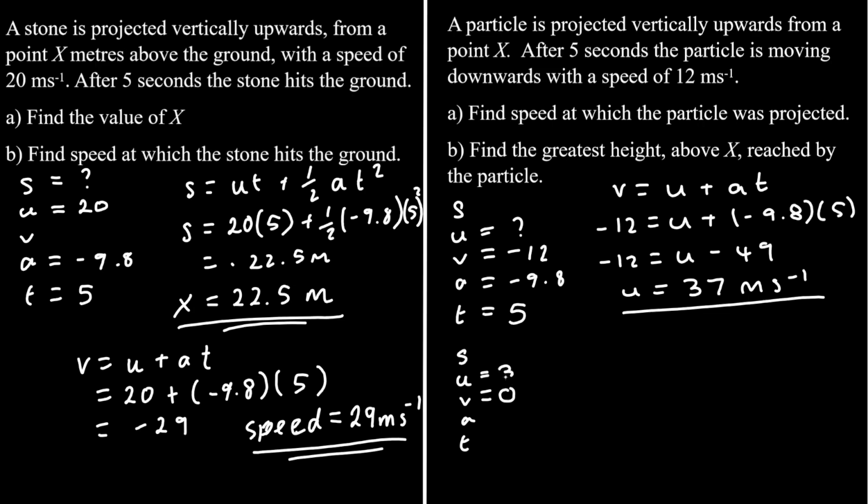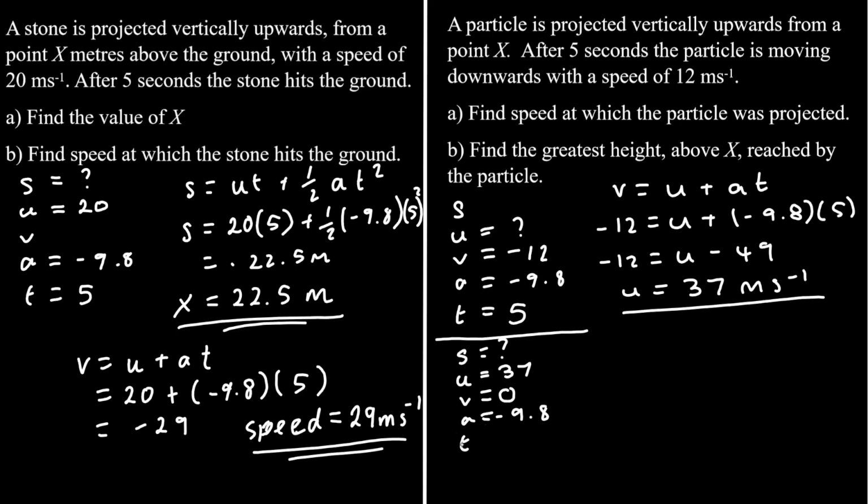So initially it's 37. Acceleration due to gravity is minus 9.8, and we want to know displacement. So we've got to write suvat out again with our new information because we want to know where it's at the top. We don't want to know when it's moving downwards with a speed of 12. We want to know when it's at the top.